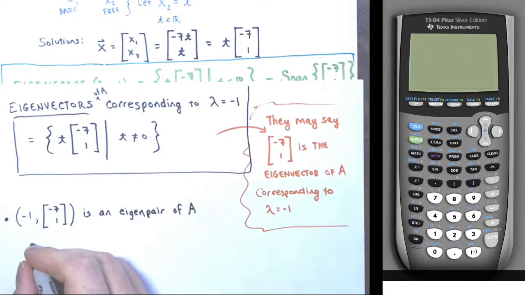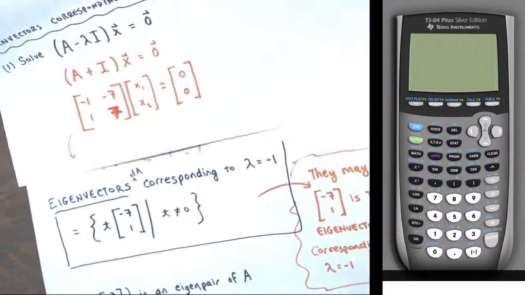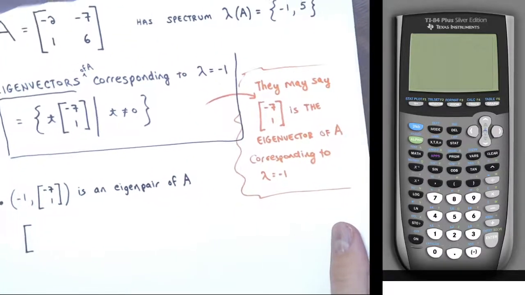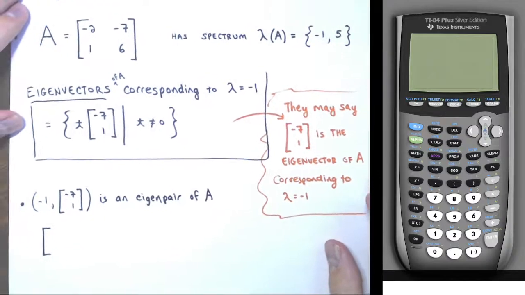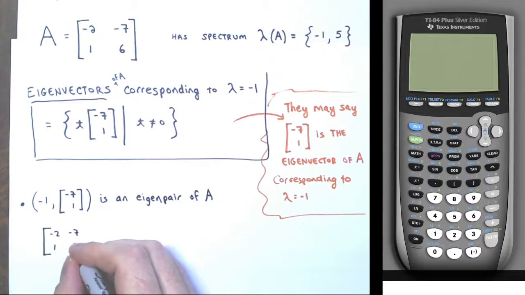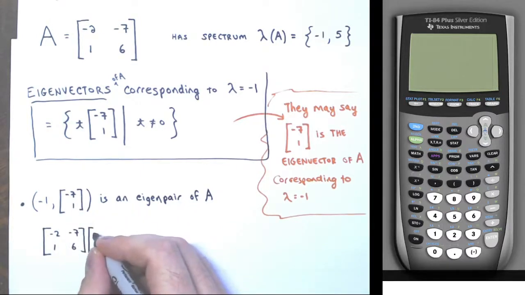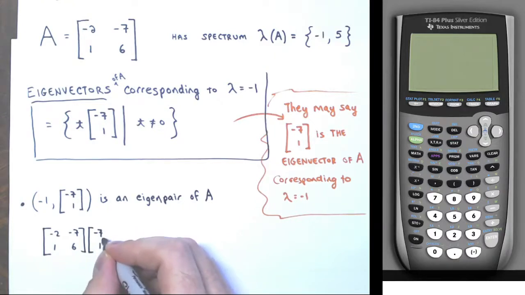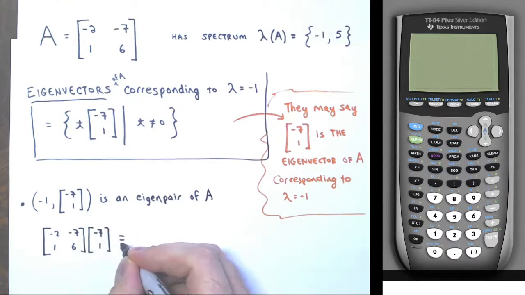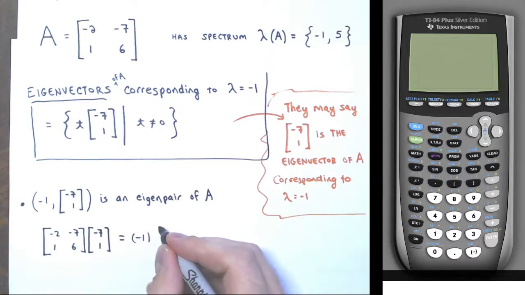If I take matrix A, going back to what matrix A was, -2, -7, 1, 6, and multiply it by the vector -7, 1, that should be equal to -1 times the vector -7, 1.